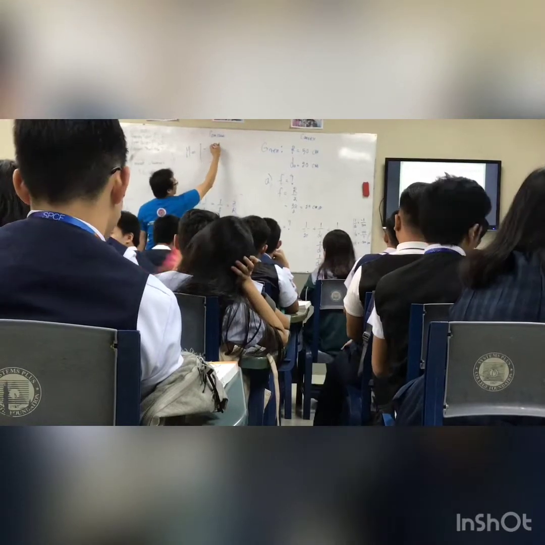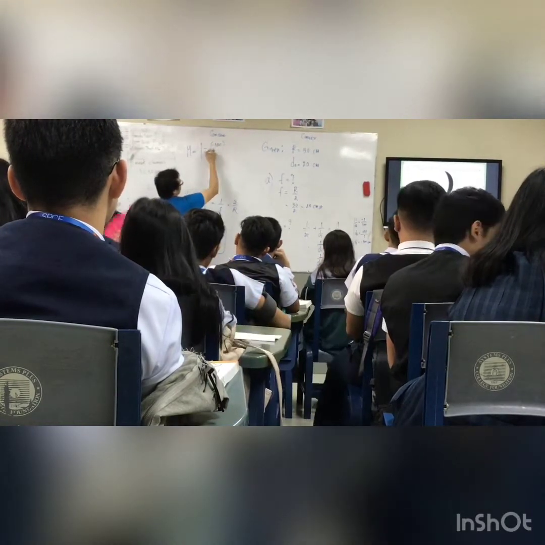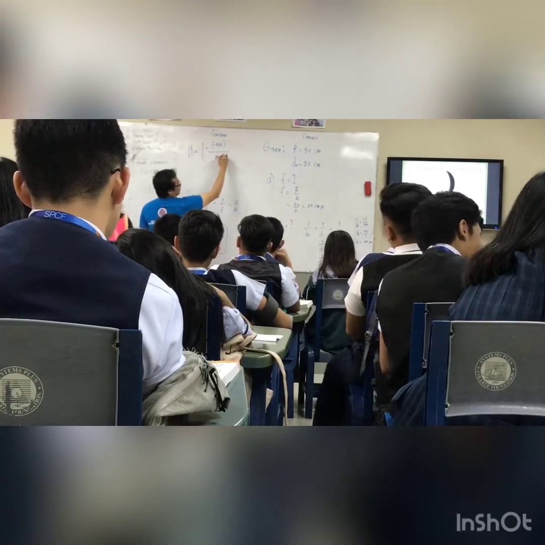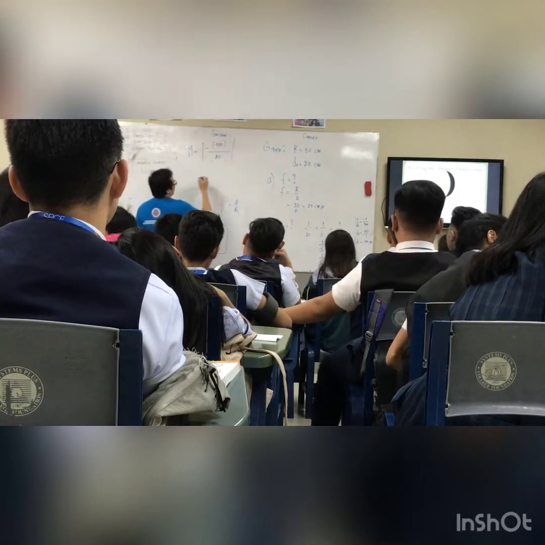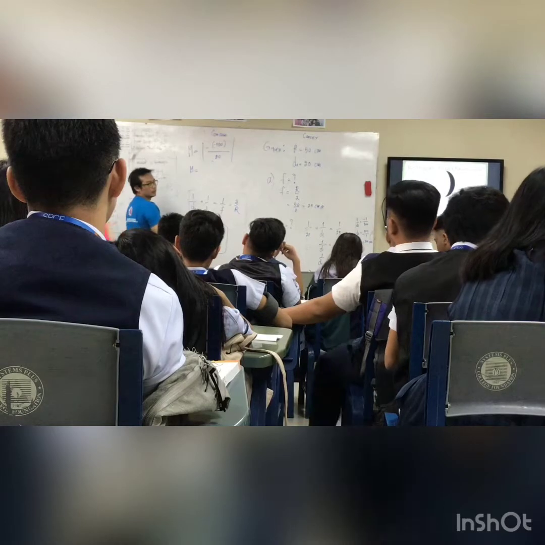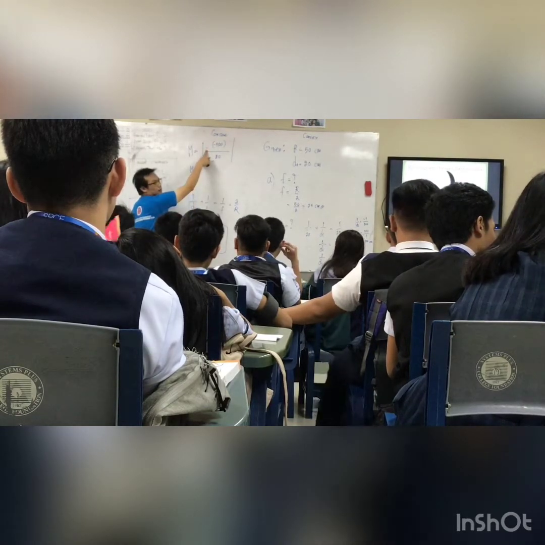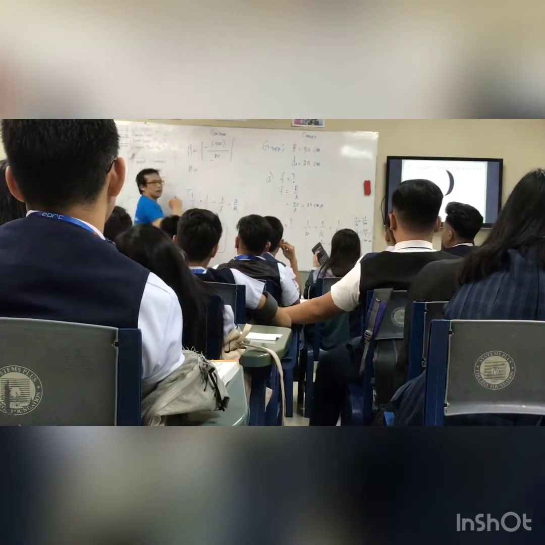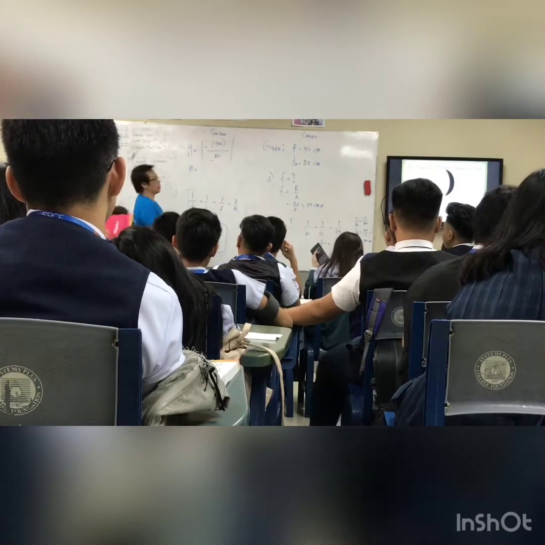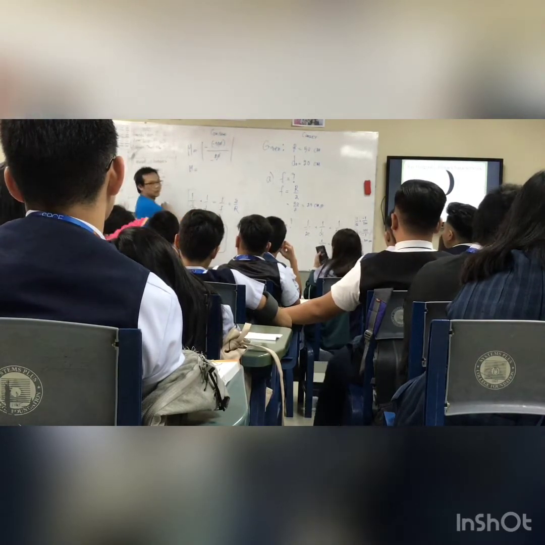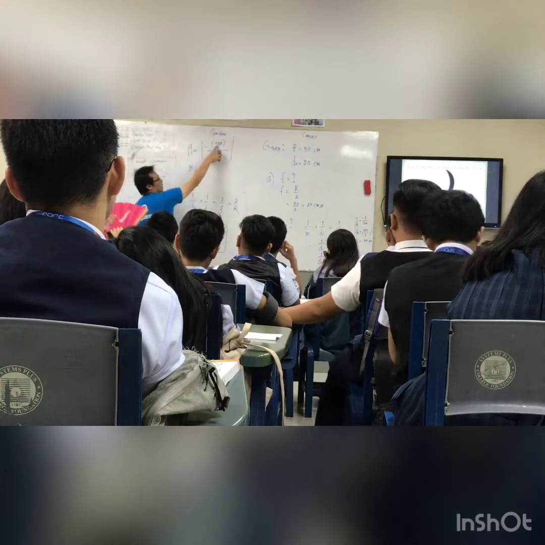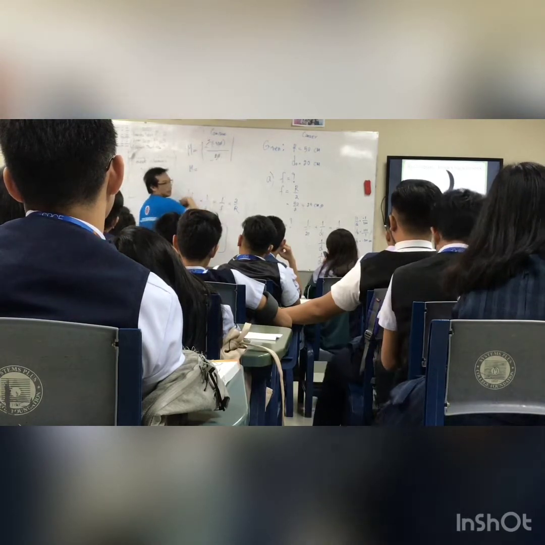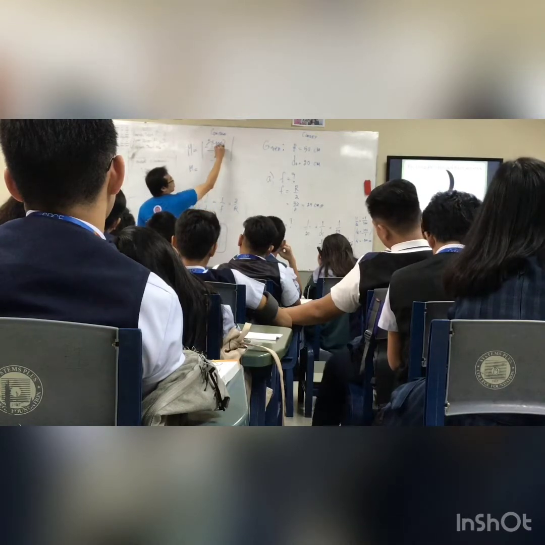DI is negative 100, DO is 20. So M is equal to 100 over 20, which is 5.